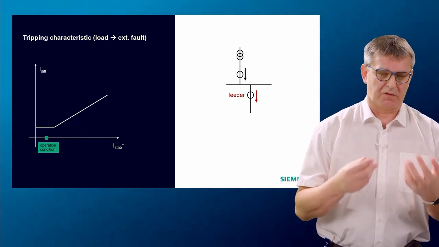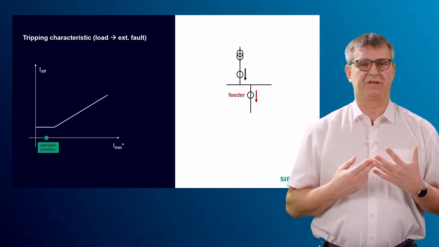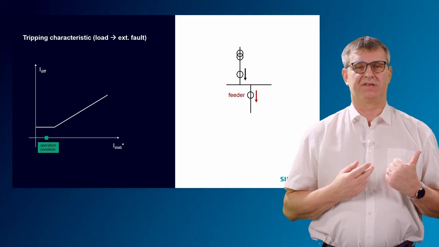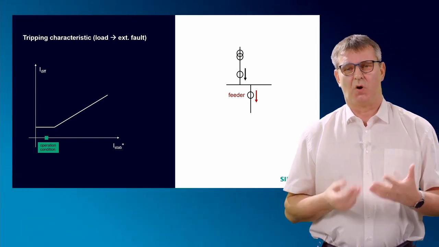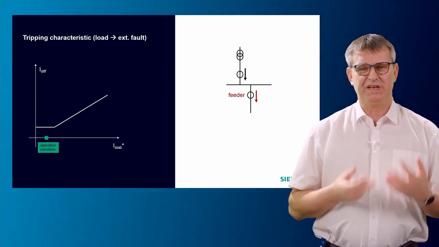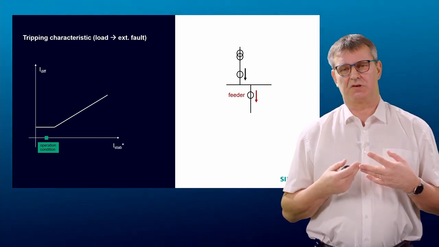Let's have a look at some examples to imagine what's behind this characteristic. We start with a small example. We have a simple busbar. We have only two feeders. We have one in-feed and one outgoing feeder.